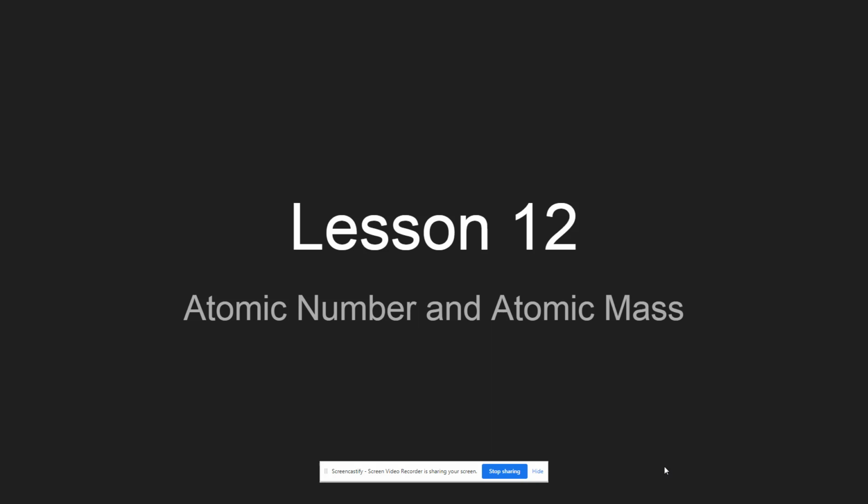Okay, so some things that we're going to cover on here. Each successive element contains atoms with one more proton than the previous element. The atomic number of an element is the number of protons in an atom of that element. In neutral atoms, the number of electrons is equal to the number of protons.